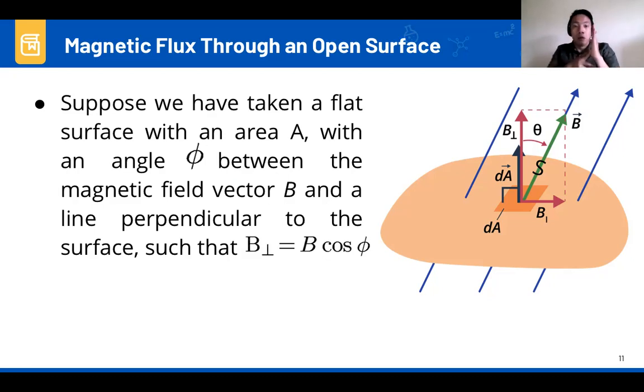So for example, in a question, if the given is an inclined angle, for example, a line inclined has an angle of 42 degrees, we need to find its complementary angle.